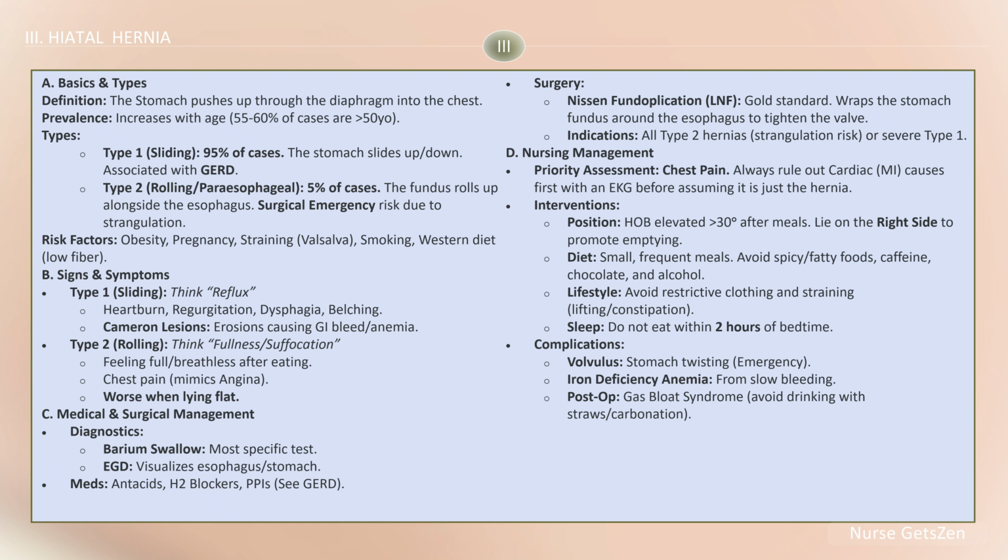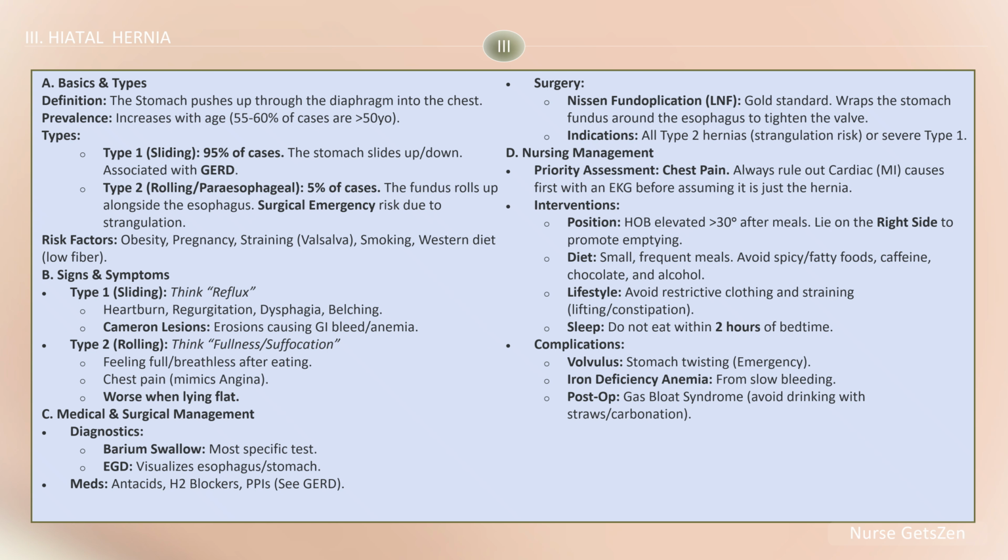Teaching: limit spicy, fatty foods, coffee, chocolate, carbonated drinks, peppermint, acidic foods, and alcohol. Eat meals 2 hours before lying down. Wear non-restrictive clothing.